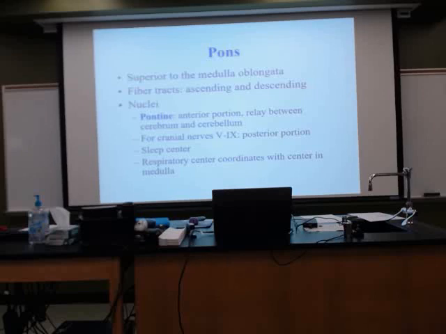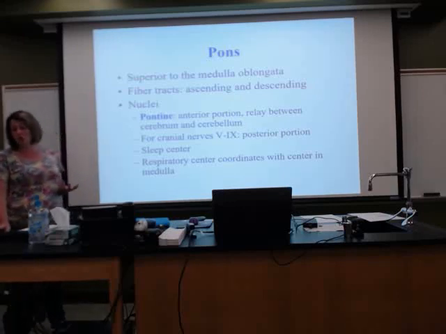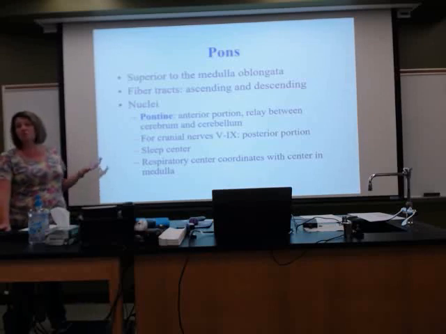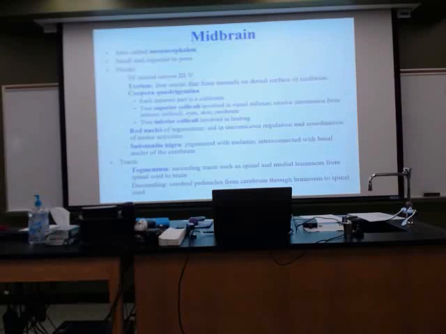This is what will coordinate with an area in the medulla to help control respiration rates, to help control breathing. The midbrain, also called the mesencephalon from the early days of development.